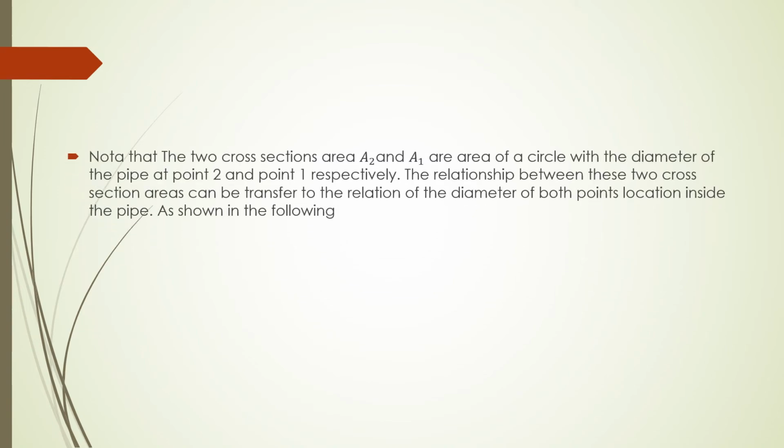Before we continue deriving the flow rate equation, you need to note that the two cross-sectional areas A2 and A1 are areas of circles with the diameter of the pipe at point 2 and point 1 respectively. The relation between those 2 points can be transferred to the relation of the diameters of both points located inside the pipe as shown in the following formula. A2 over A1.